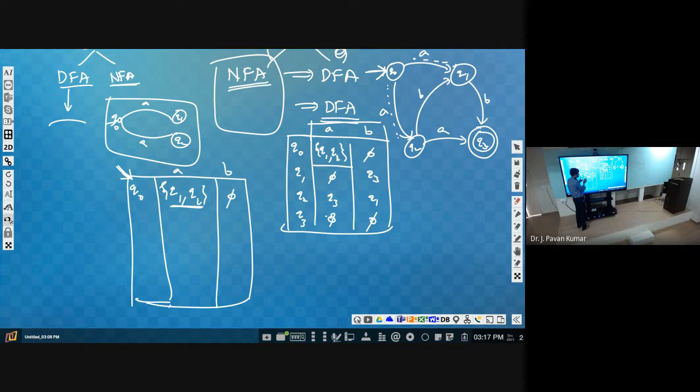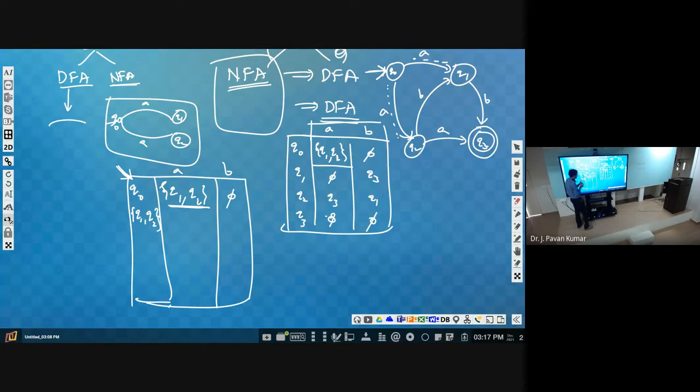Q0 on A is Q1 comma Q2, Q0 on B is empty. Now whatever output we have got which is not known to us, you consider as a new state. What is the new state now? Q1 comma Q2.